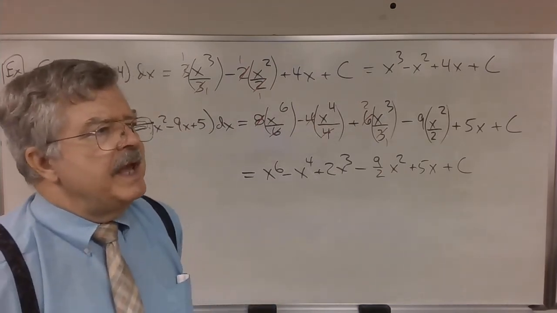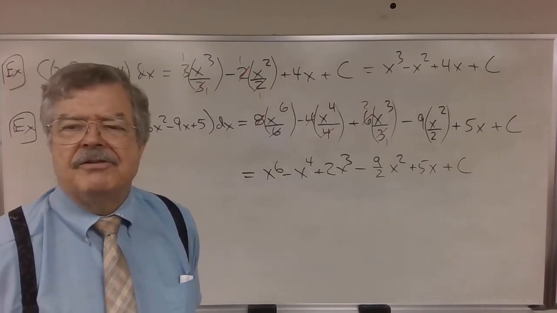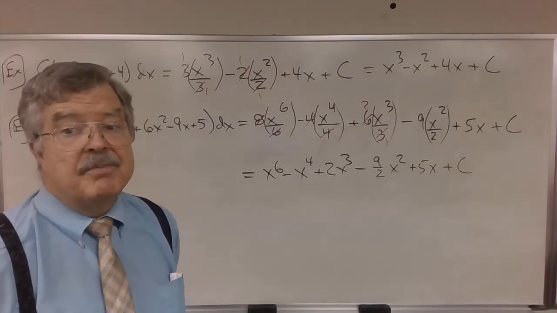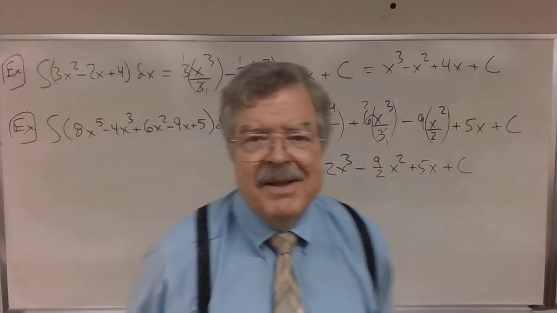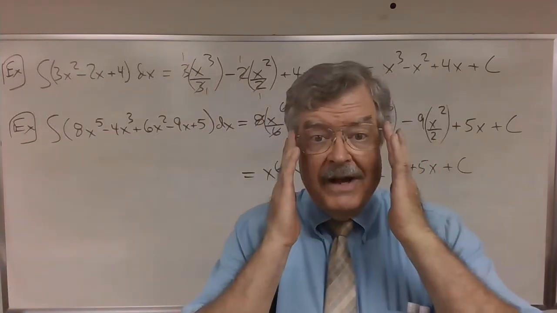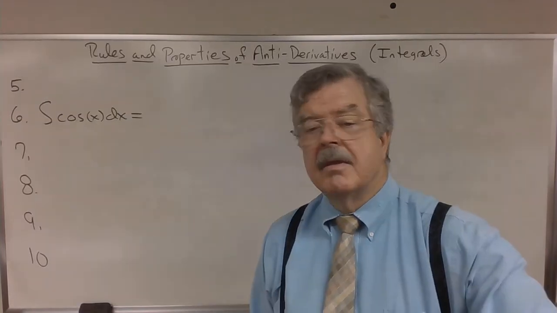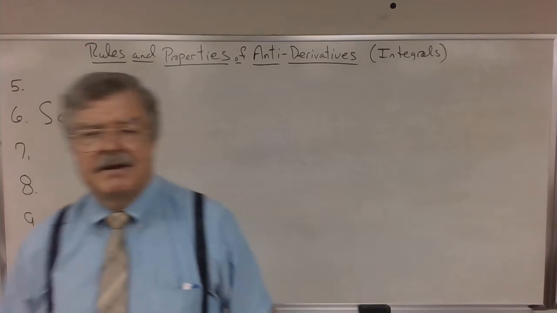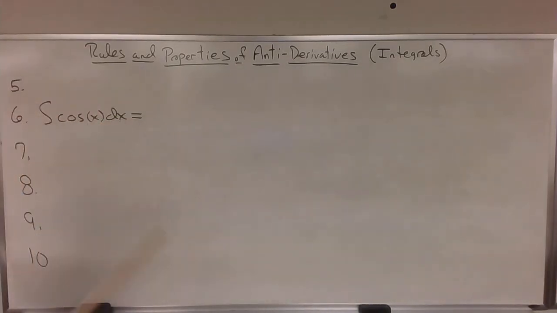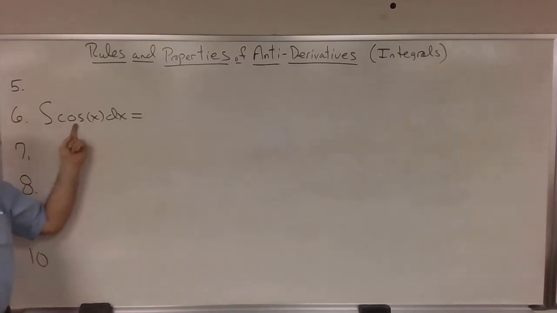Now remember we had that list of properties and we only did the first 4 properties on the list, but there were really 10? Well, now we're going to do 5 through 10. On your mark, get set, go. I'm going to do property 6 first, and we ask ourselves, what function do we have to compute the derivative of to get cosine of x?